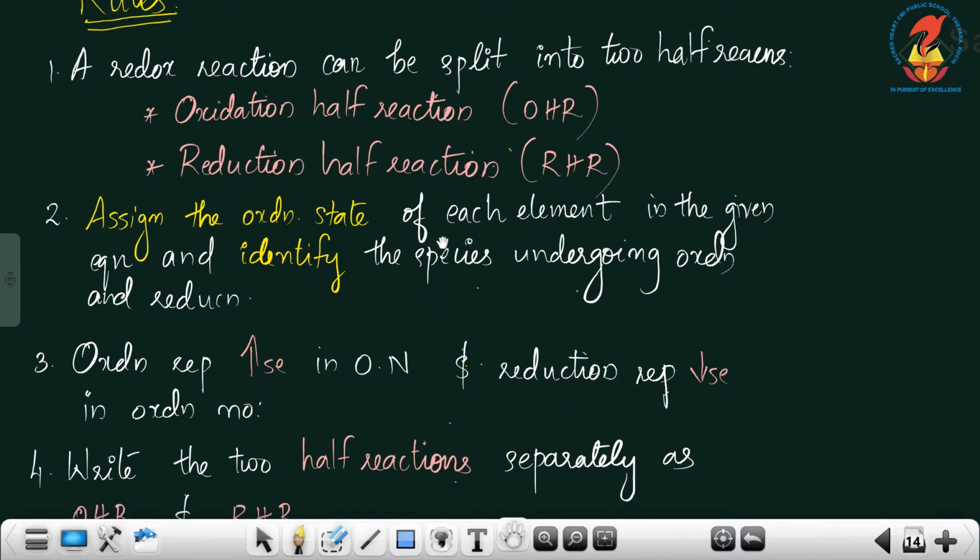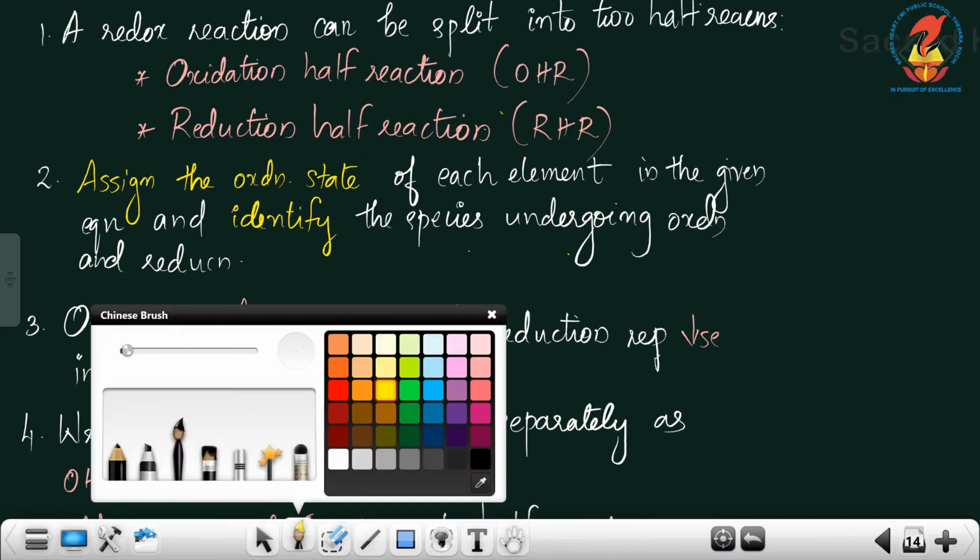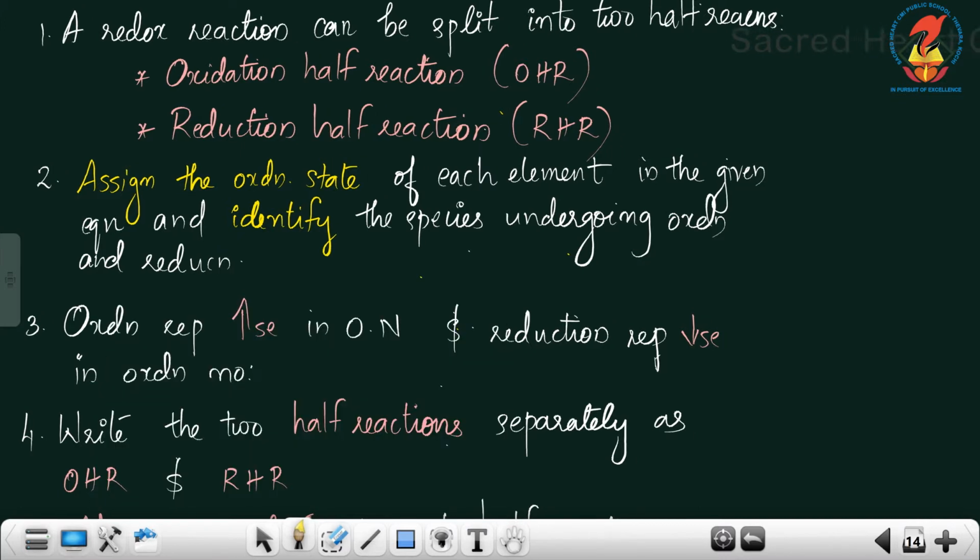Now, if an equation is given, how can we split that reaction into oxidation and reduction? Before that we have to identify which species is undergoing oxidation and which is undergoing reduction, isn't it? And that we can assess only based on oxidation number.